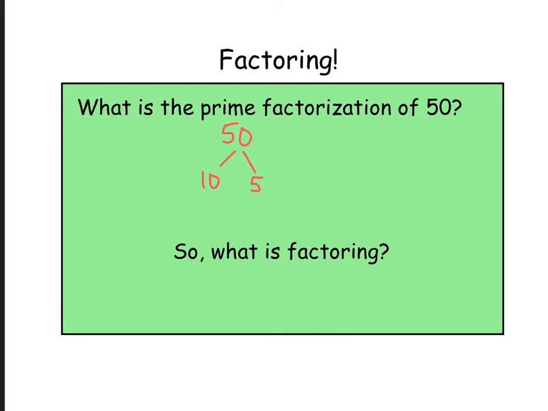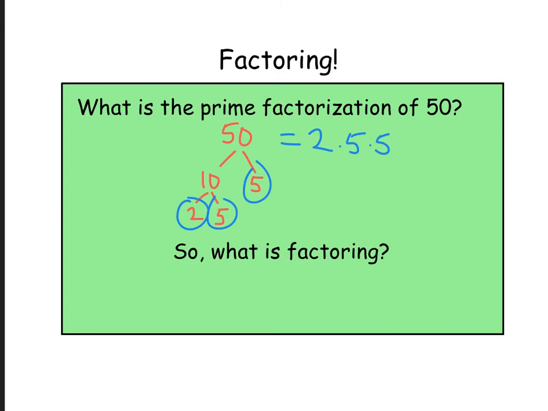But that 10 is still factorable into 2 times 5. Now everything we have at the bottom is a prime number, right? They have no other factors except themselves and 1. So the prime factorization could be thought of as 2 times 5 times 5.